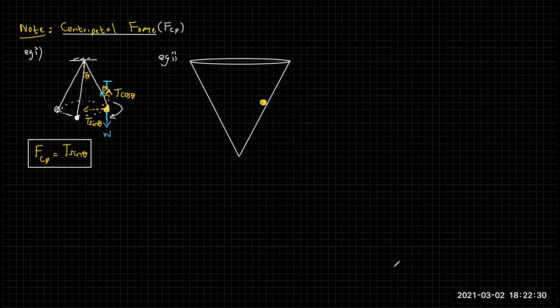The object is rotating like this, somewhere here. Let's say this is a smooth surface.